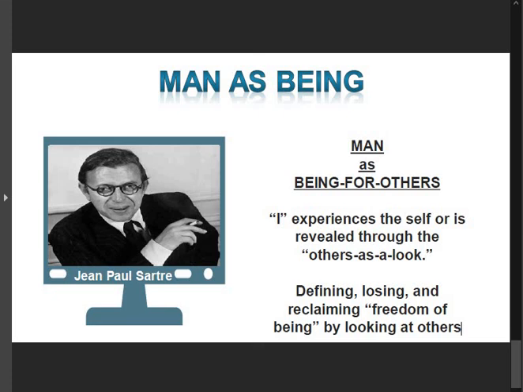So, if we're going to look now at the definition of Sartre, he tried to argue that the human person has many possibilities, but when you begin to start labeling or stereotyping, you are taking away the freedom from that person, the kind of individual that he or she wants to become.